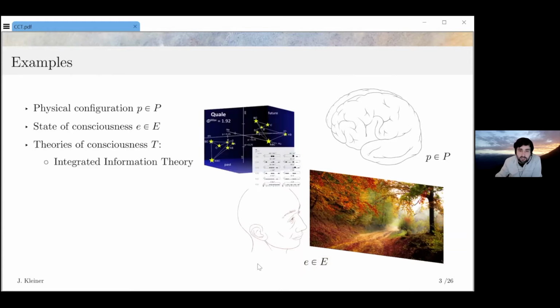Examples of the theory T are most notably integrated information theory, where you'd have to know a little bit about how the system decomposes. Then you can apply this very complicated algorithm, which in the end is just a map T. That would give you some mathematical structure that makes up this space E, and that structure is claimed to be identical to a conscious experience.